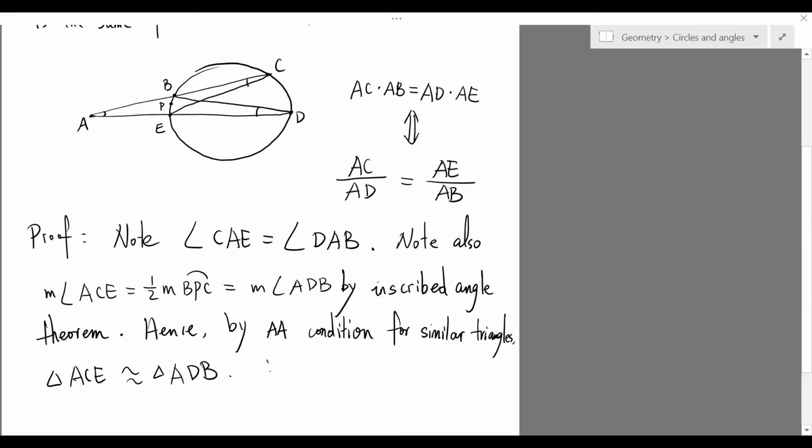Consequently, the proportion between the corresponding sides will have to be equal.